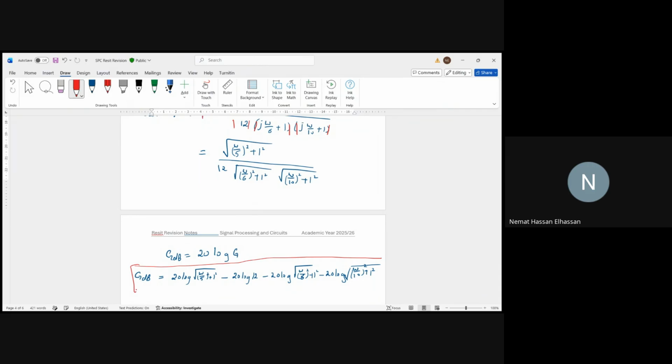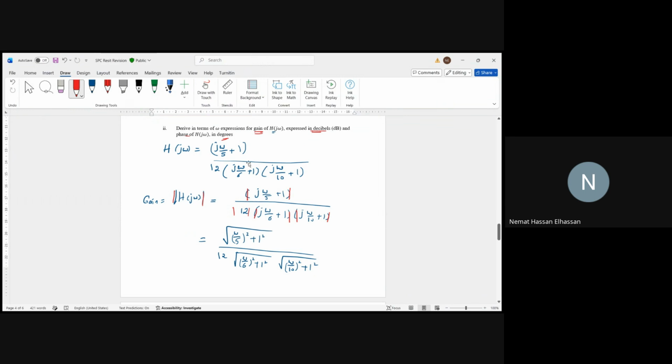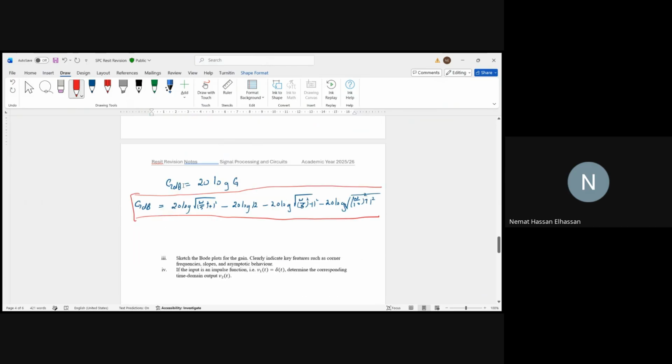The next part would be to find the phase in degrees. Similarly, the phase will be the phase of this expression.